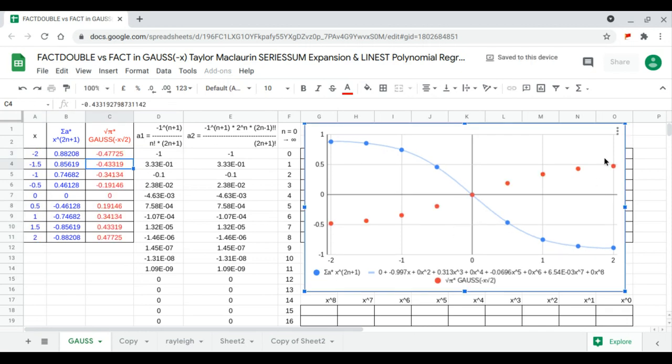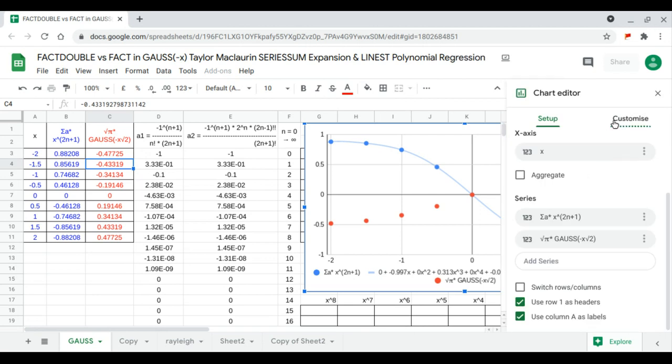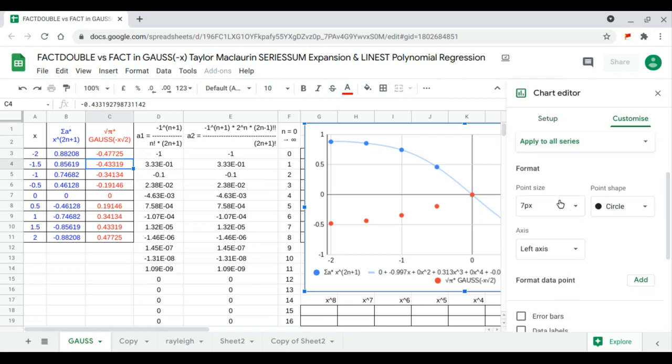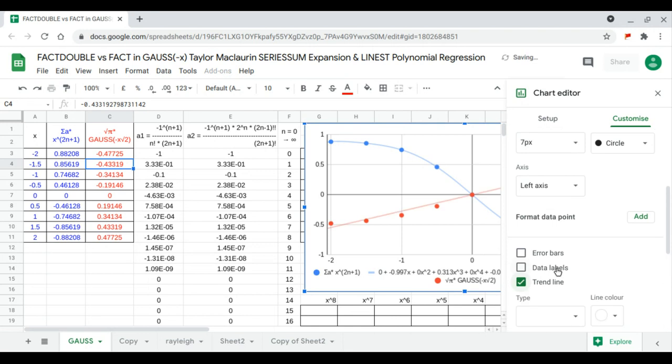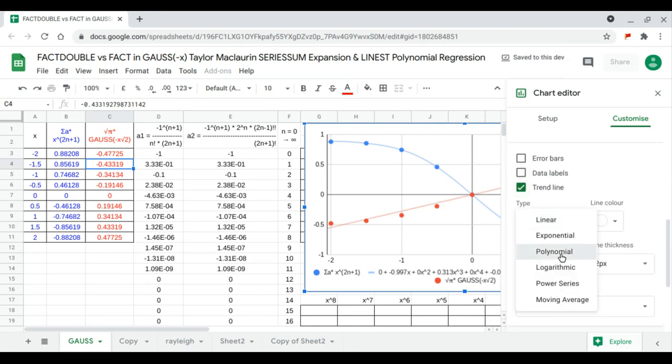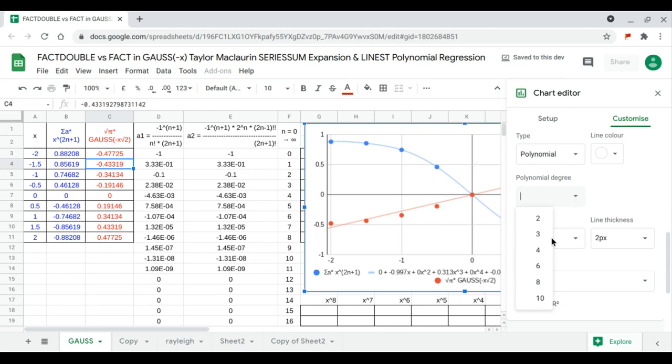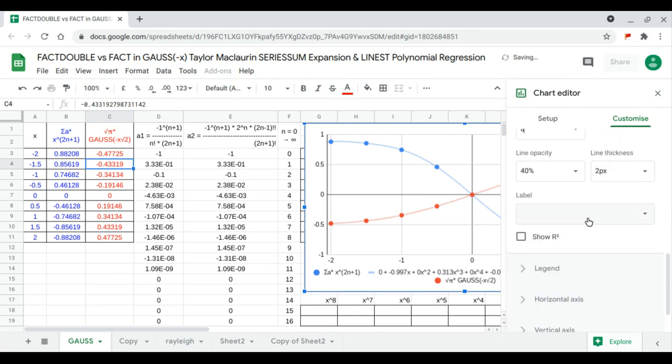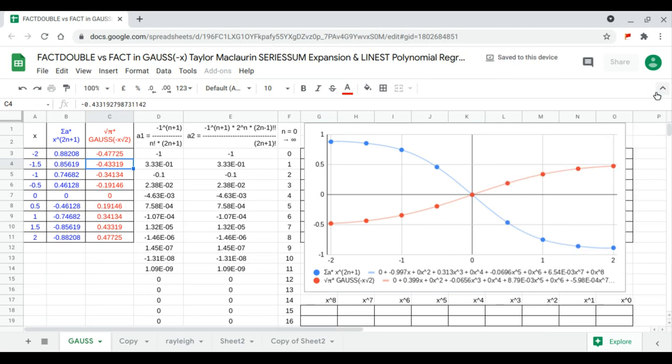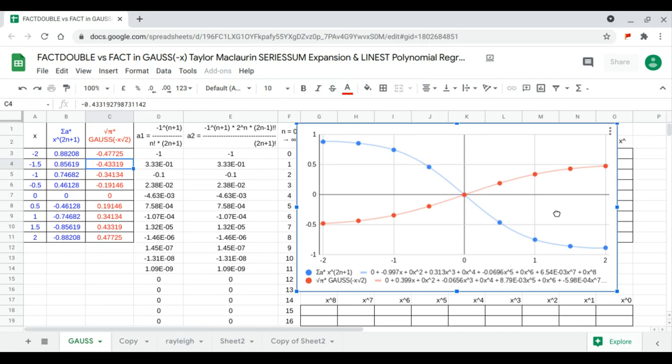We show the trend line. So edit chart, trend line, polynomial to the 8th degree. Use the equation as label. So we now have the polynomials and the trend line.